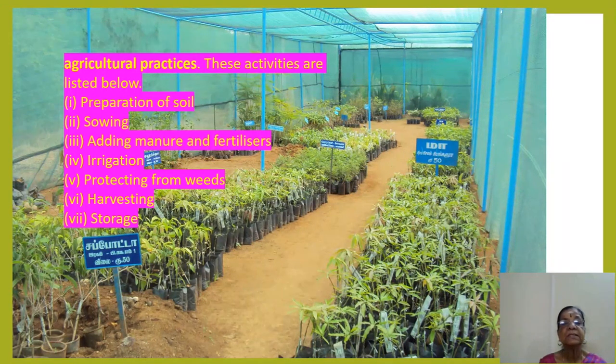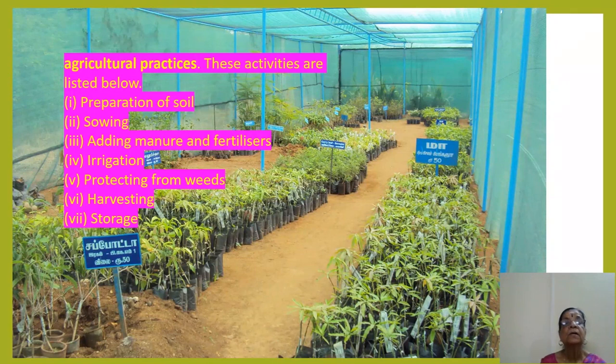And then these agricultural practices, to grow these crops, we need to follow these agricultural practices. What are they? Preparation of soil, sowing, adding manure and fertilizers, irrigation, protecting from weeds, harvesting, storage.